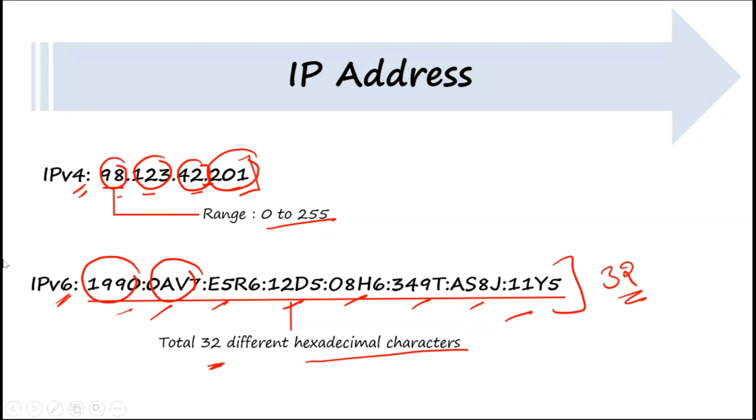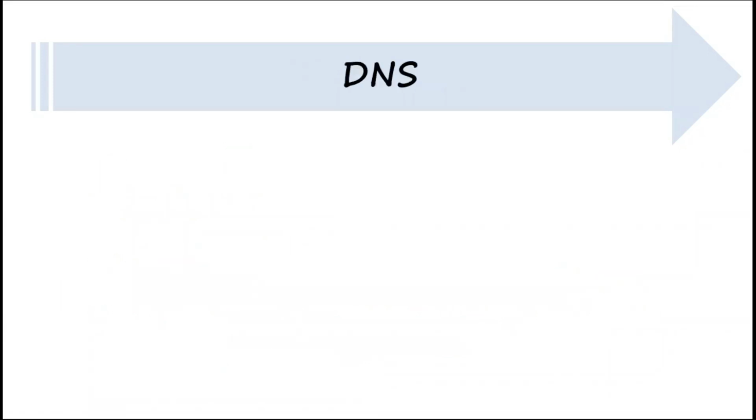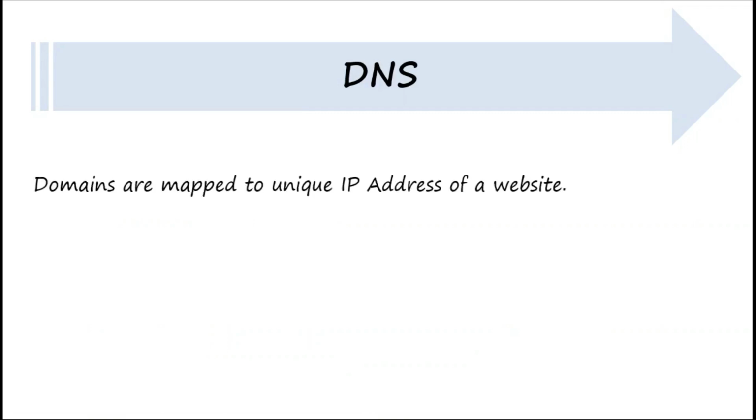Now the problem is that no one wants to remember the IP addresses. That's where DNS comes in, the Domain Name System. What DNS does is it associates the human readable website addresses, the website domain names, with an IP address.